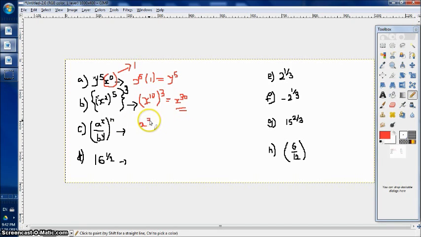Now, x raised to 5 into y raised to negative 3. So this is a positive exponent, this is a negative exponent. So this is x raised to 5 over y cubed.